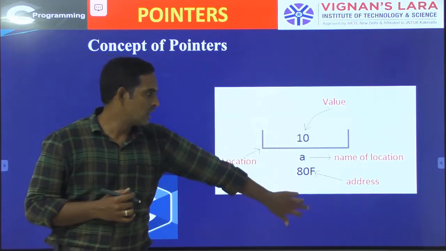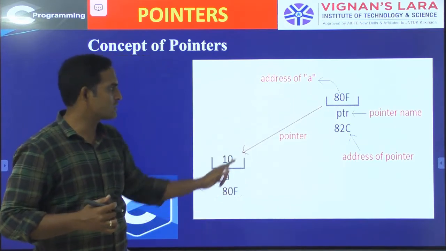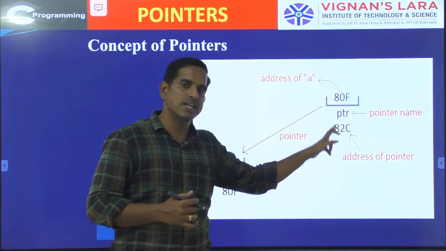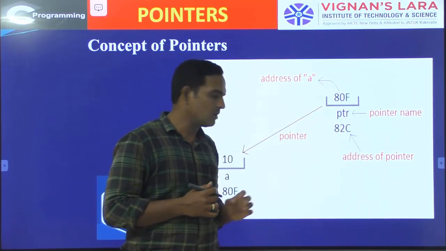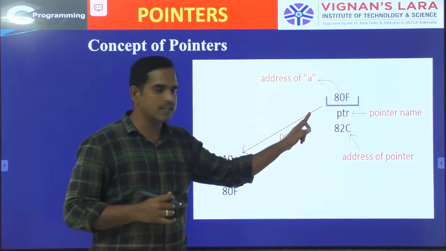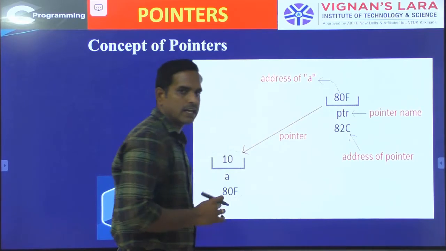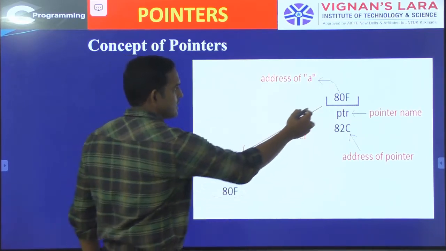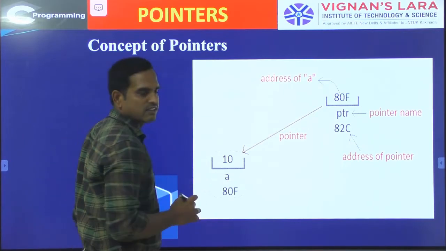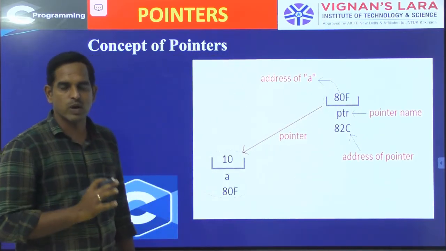A pointer will store the memory address of other variables. Since a pointer is also a variable, it also has its own memory location, and this pointer variable stores the address of other variables. So it doesn't store normal values, it stores address values only.